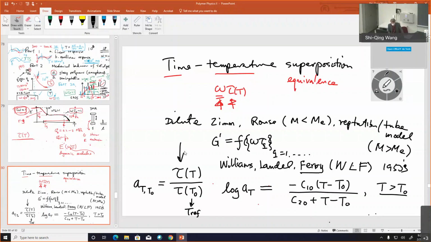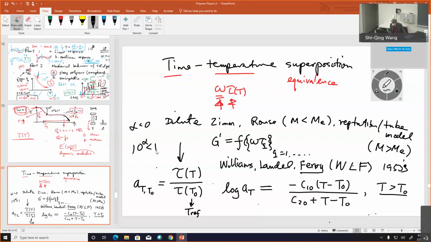In other words, 10 raised to a power is smaller than 1 only if alpha is negative. That's the same reason to say that the base 10 log of something smaller than 1 has to be negative. That's it.